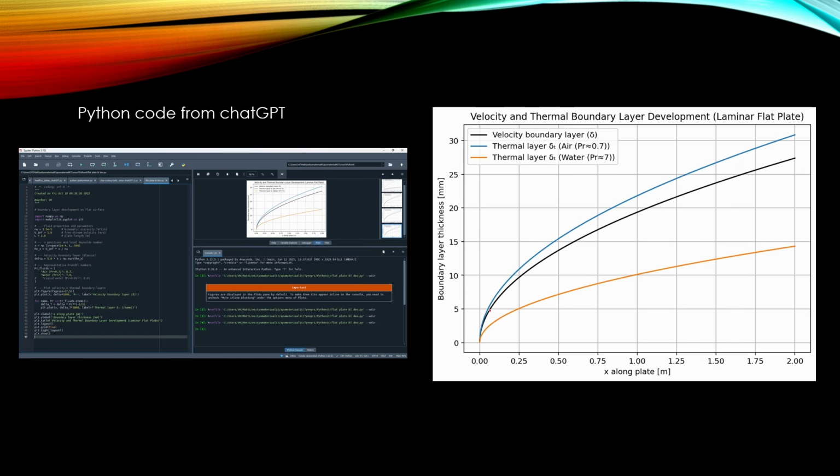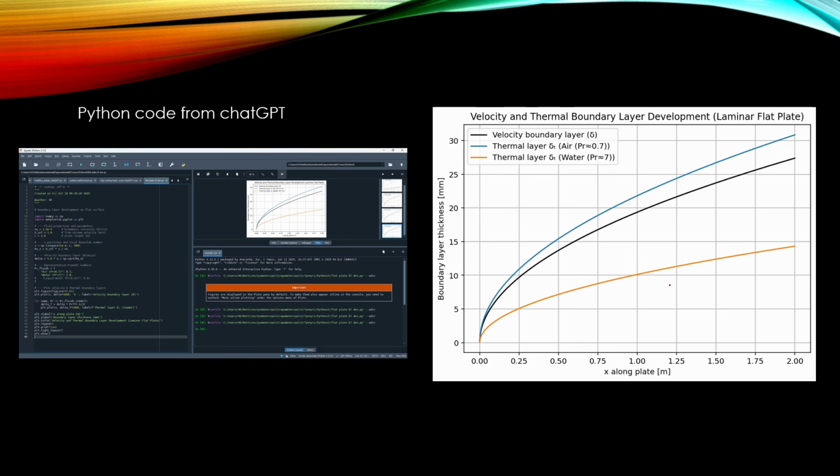In this picture we see the thickness of our velocity boundary layer. It's this black curve, and it seems that for example at 2 meters the thickness is almost 30 millimeters.